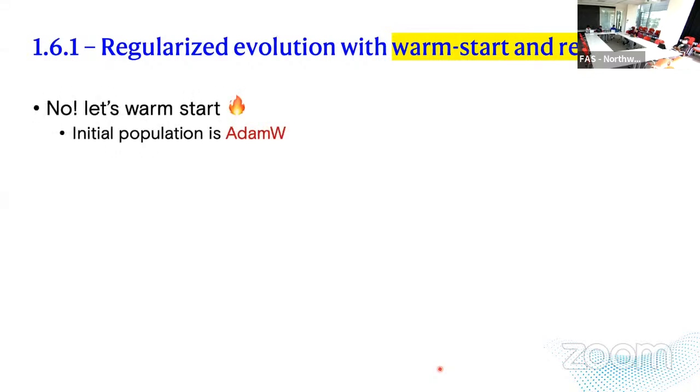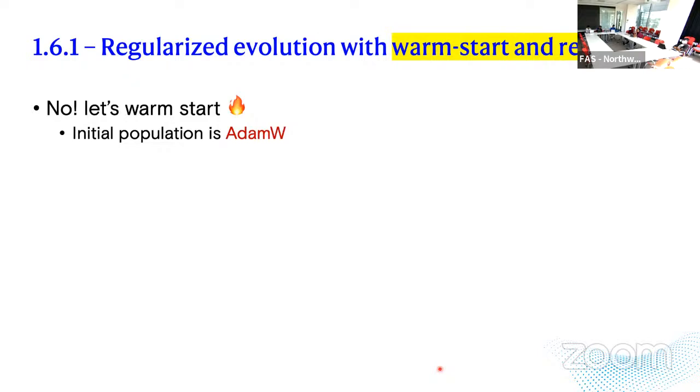In terms of this paper, what they mentioned is that starting with a random population doesn't help much in the convergence process, because this is an infinite space of mathematical operations. Starting randomly is not a good way, so they bias this process.